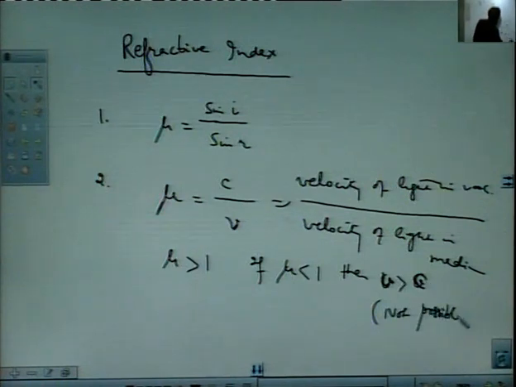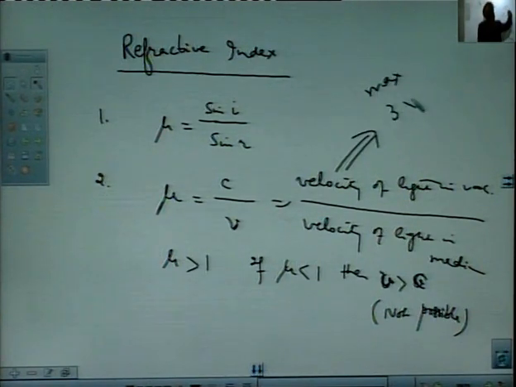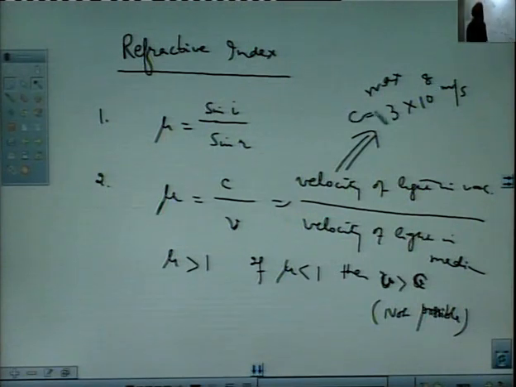Velocity of light in medium cannot be greater than velocity of light in vacuum. It is maximum, which is equal to 3 into 10 the power 8 meter per second. This is fixed value C, and depending upon the medium, we can find the velocity of light in any medium. Say we are to find velocity of light in glass.